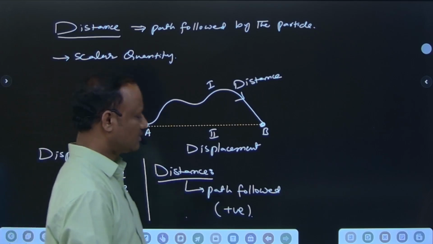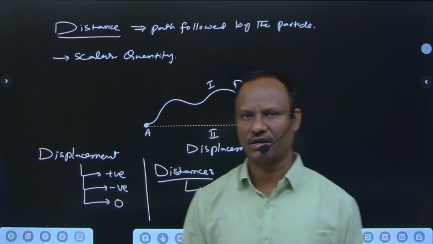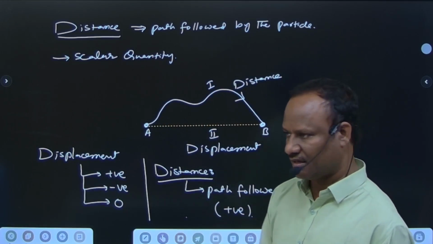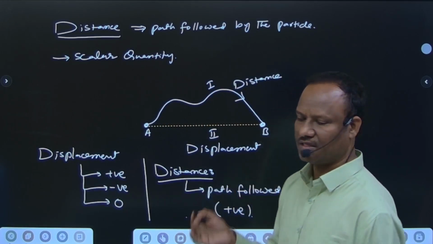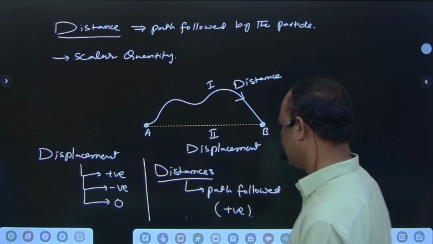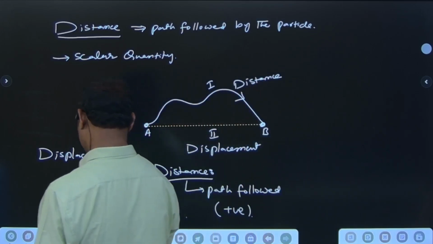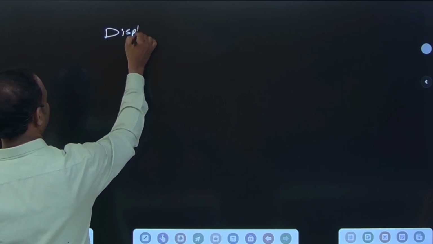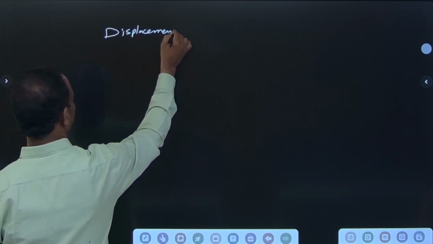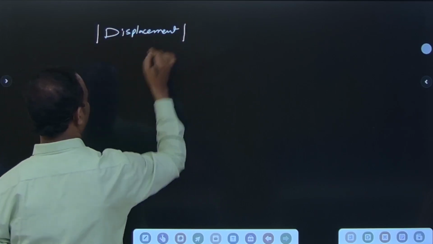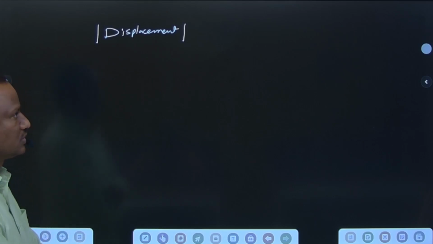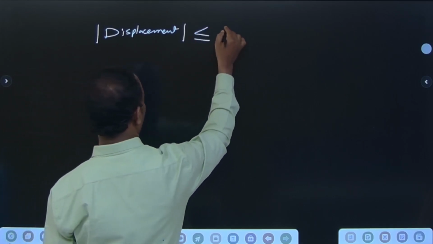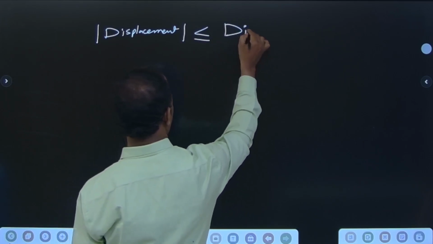Sir, in which case are displacement and distance both equal? Do you think displacement is greater than distance, or displacement is less than distance? For displacement, we say magnitude of displacement, because displacement may be negative. So magnitude of displacement is less than or equal to distance.